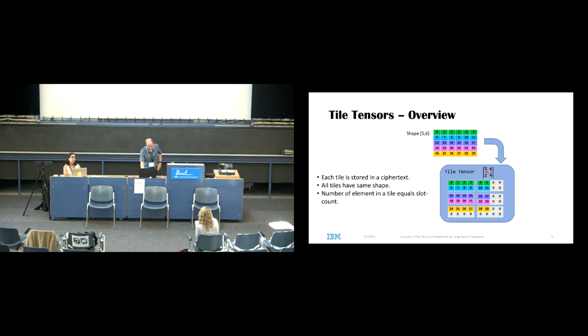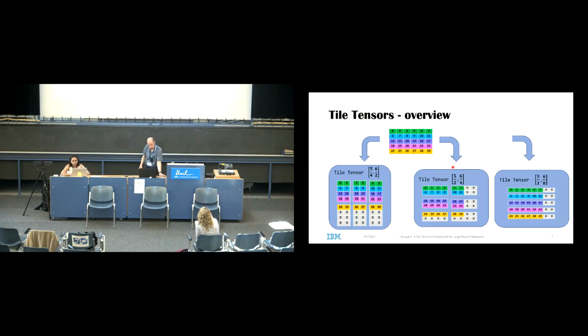And we have this language here, we call it a tile tensor shape, that specifies what we did. So the two numbers above the line specify the shape of the original tensor we started with, in this case, 5x6. And the two numbers below the line indicate the shape of the tile, 2x4. And by choosing different tile shapes, we can choose different kinds of packing.